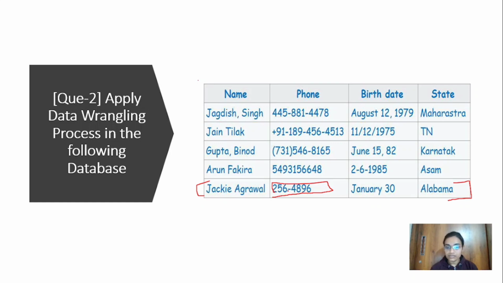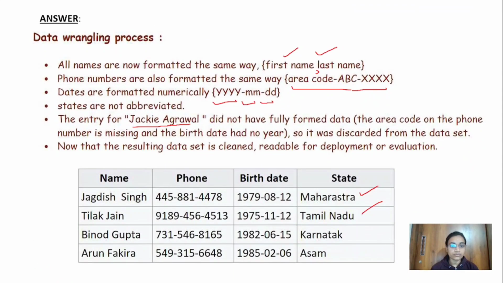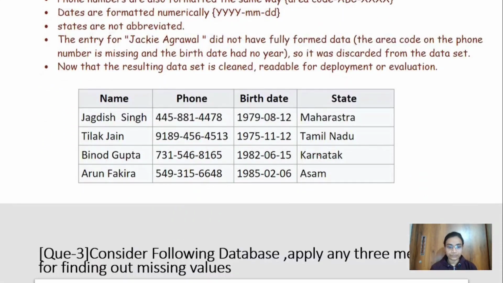It contains 7 digits only, and the birth date doesn't include the year. That's why we have removed the data of Jackie Agarwal. So the resulting data set is cleaned, readable for the deployment or evaluation of the data set.